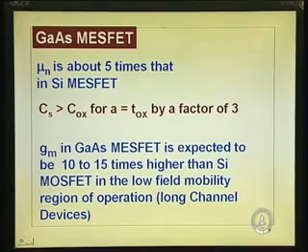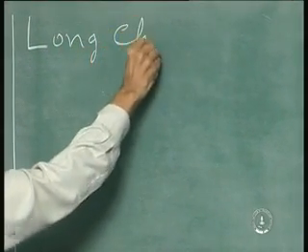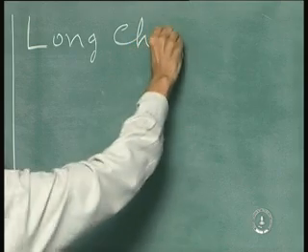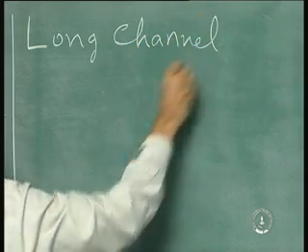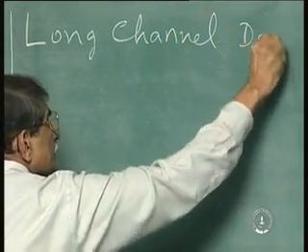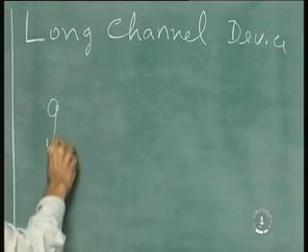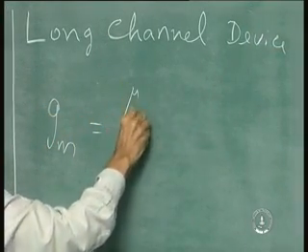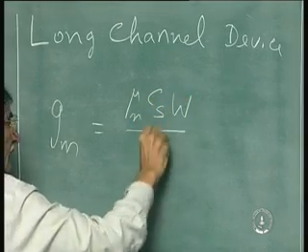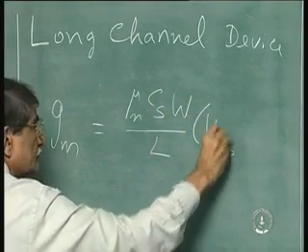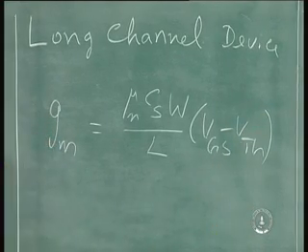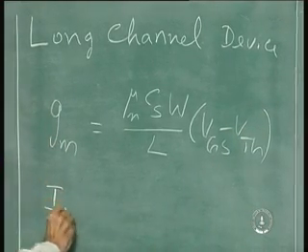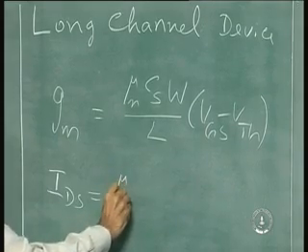When the channel length is long, the whole thing is proportional to, let me just write that down here, a long channel device: Gm is proportional to mu n Cs W divided by L, with threshold, because IDS is proportional to mu n.